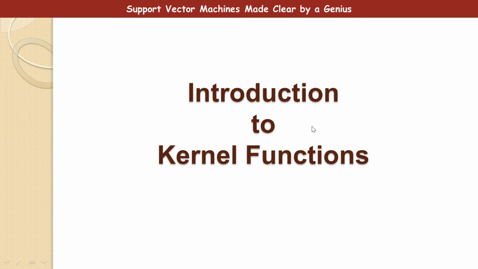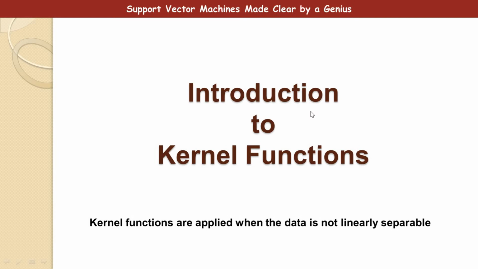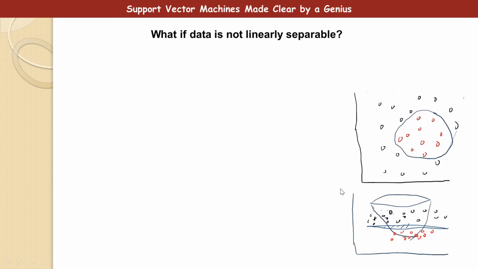Basically, you don't need to know everything about kernels, but I need to tell you the basics of kernel functions. Kernel functions are applied when data is not linearly separable, as you can see in this example. If you apply a kernel function, you transform the data and then you'll be able to separate it in different dimensions.